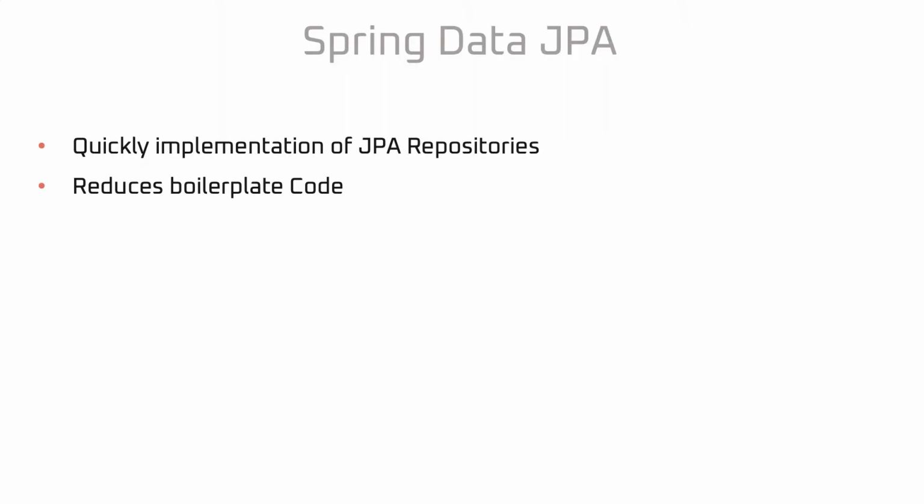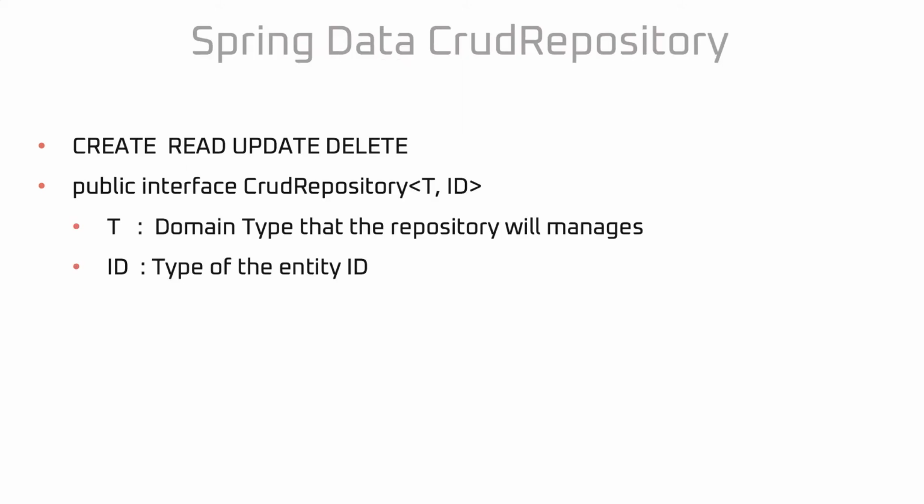After defining the JPA entities, the next step would be to create data services which invoke the entity manager to create, read, update, and delete the entity. We're going to use Spring Data JPA instead, and these are repositories which eliminate all that boilerplate and error-prone code. To use Spring Data JPA for a JPA entity, we declare a Java interface that extends CrudRepository<T, ID>, where T is the domain type the repository manages, and ID is the type of the entity ID.